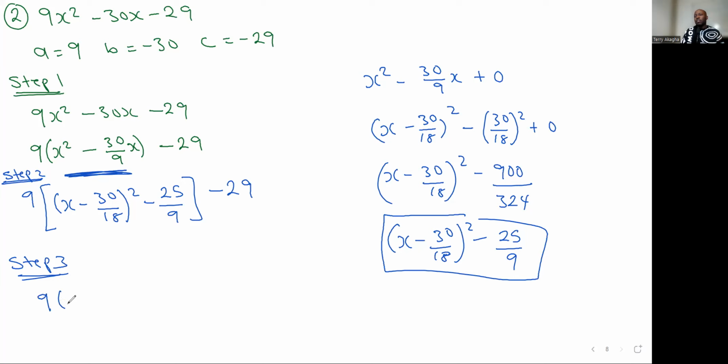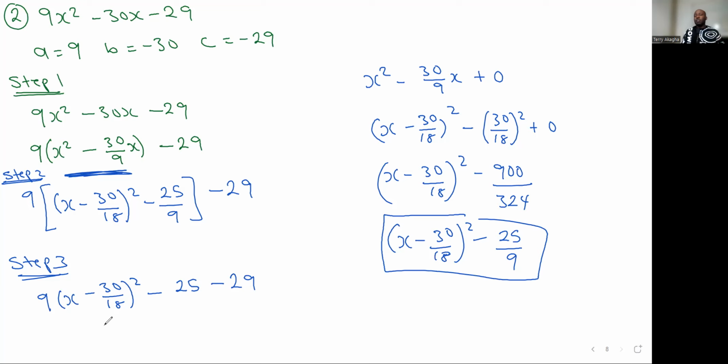It's going to give you 9 into bracket (x minus 30 over 18) all squared minus 9 times 25 over 9, which will give you 25. Then you bring down the minus 29. Okay? Then we're going to have the next one, which is 25 minus 25 minus 29.